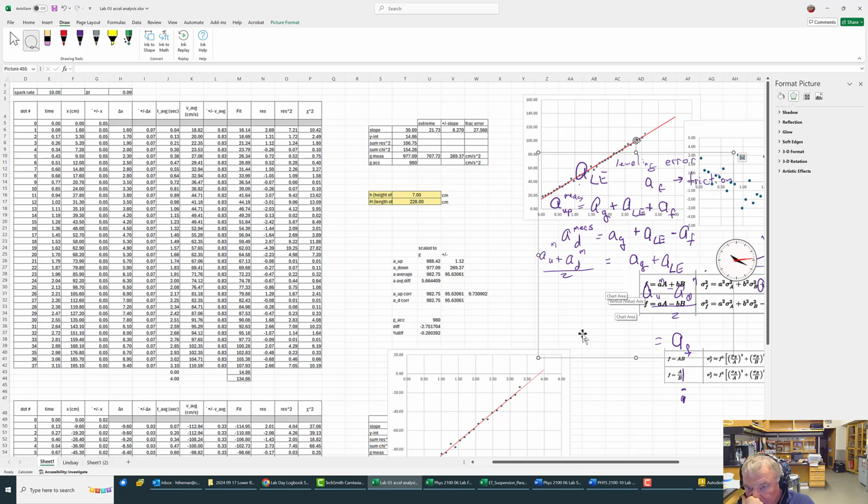So then that means we eliminate the leveling error. We eliminate friction when we take the average.